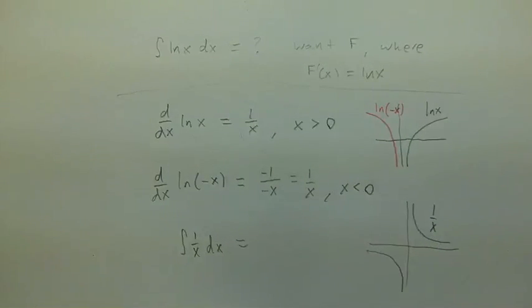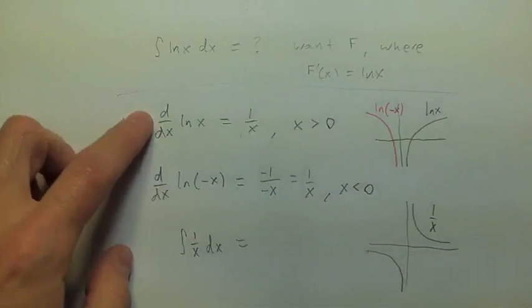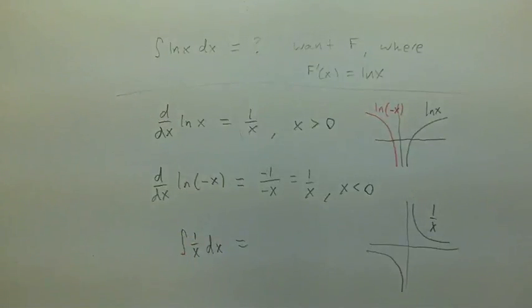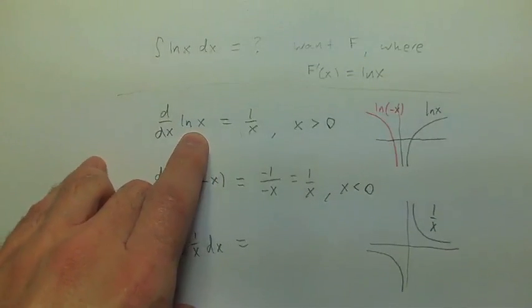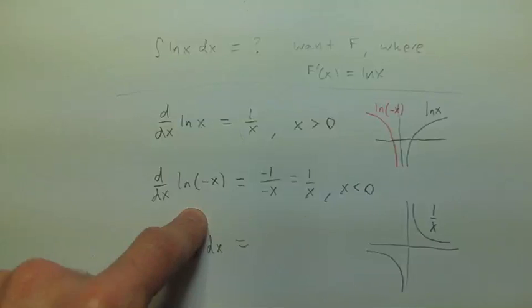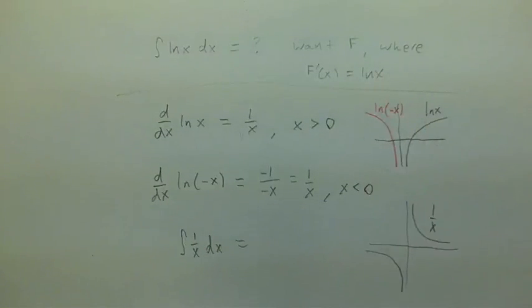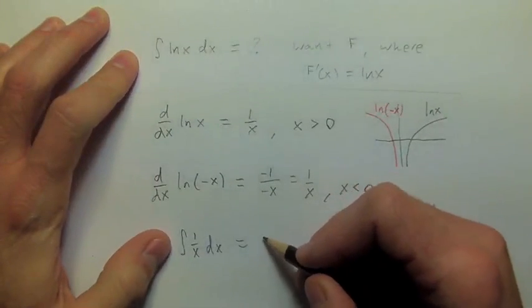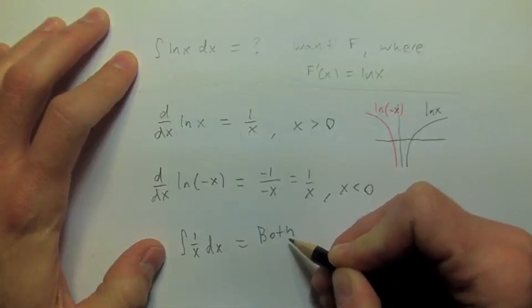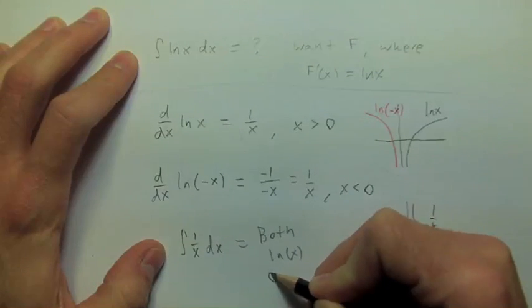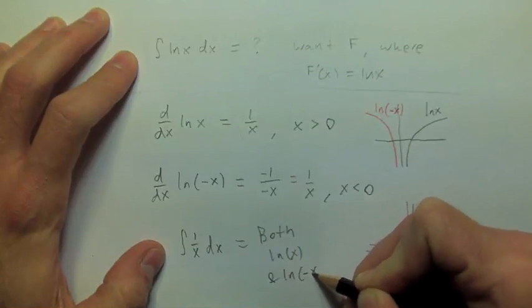If I want an expression that exists exactly where it does, well, I can't just do ln of x, and I can't just do ln of negative x. I actually want a way to incorporate both. So we want both ln of x and ln of negative x.